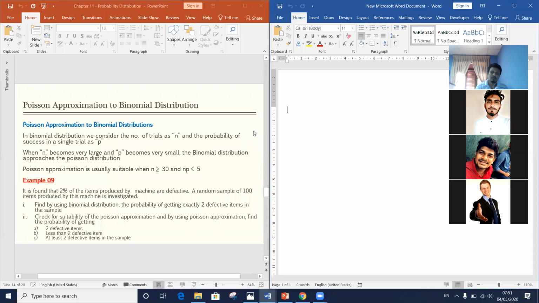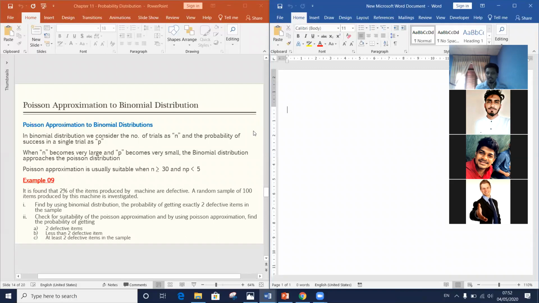Whether we find probabilities using the Poisson probability distribution or the binomial distribution, there are situations where the answers from both can be assumed reasonable. That means, when asked to find probabilities, we can use either binomial or Poisson. To use either, two conditions need to be satisfied.